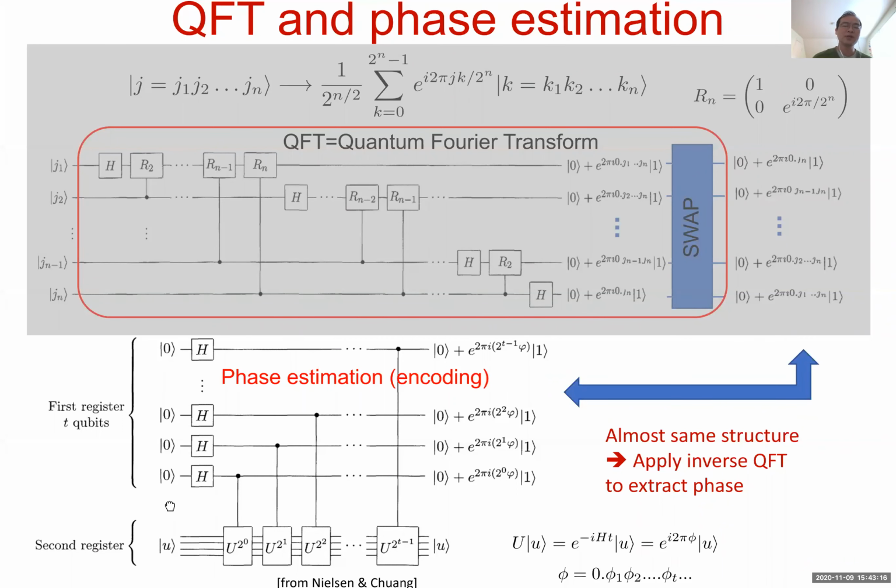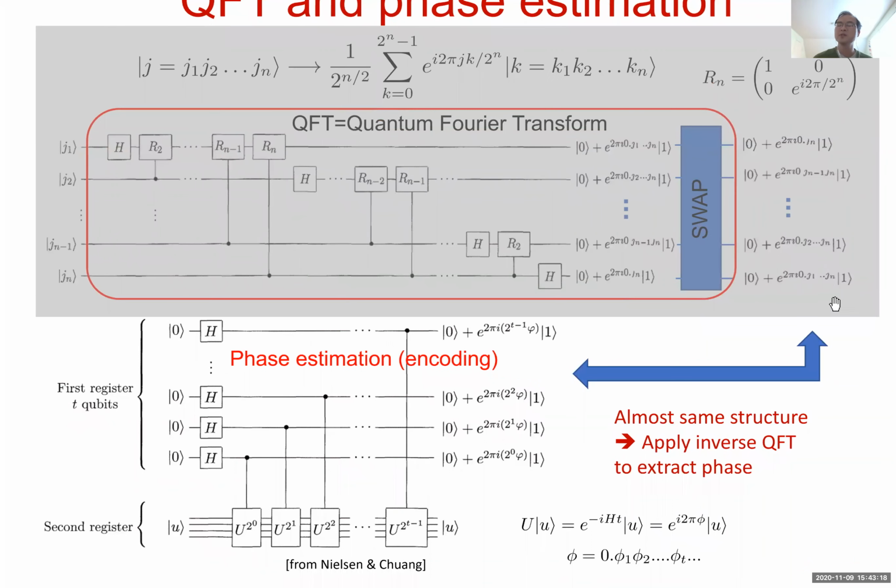So this is the quantum Fourier transform. Suppose I have a way to encode the phase in terms of this structure, right? I want the first one to have the last bit. So this means that I need to shift the phase, so you need to do this gate raised to the 2 to the t minus 1 power. That would multiply 2 to the t minus 1 to the phase here.